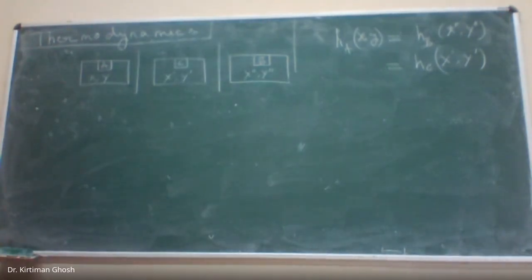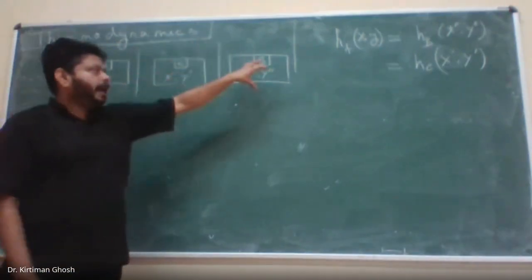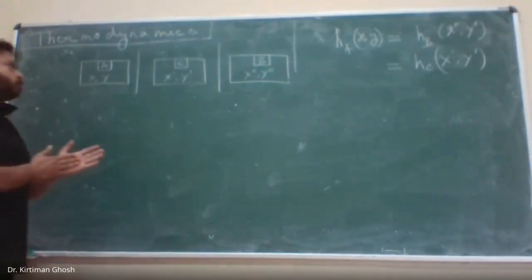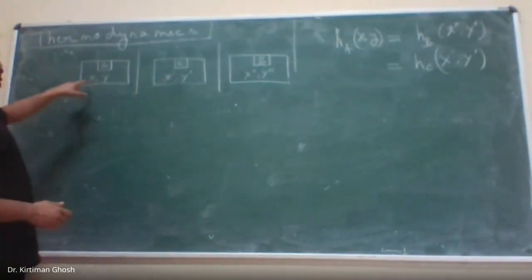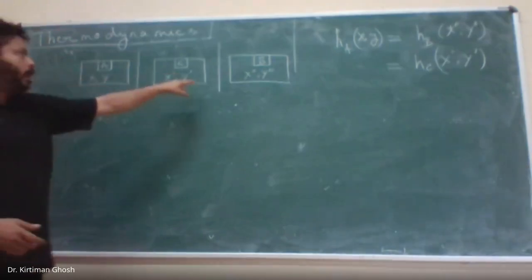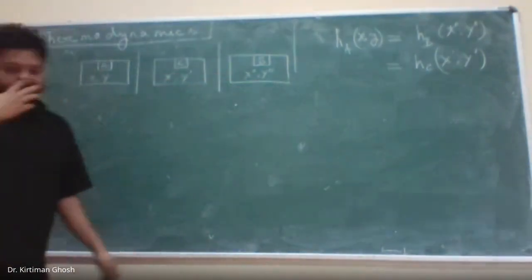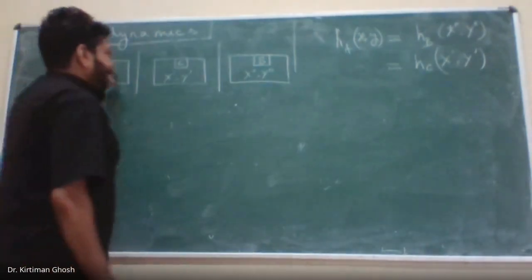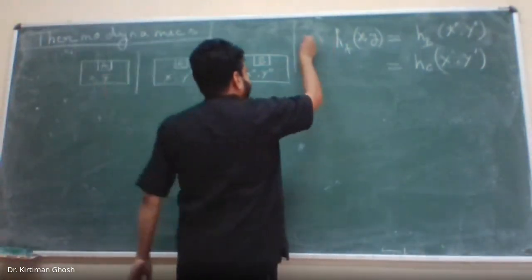Okay, so the idea is that when three systems A, B, C are in thermal contact with each other, they are in thermal equilibrium. There exists a function. The macroscopic descriptions of the systems A, B, C are determined by variables x, y, x prime, y prime, and x double prime, y double prime. So there exists a function for A, which is HA.